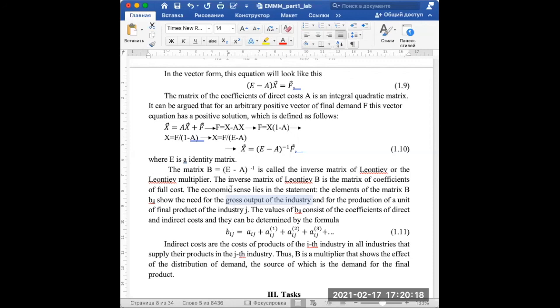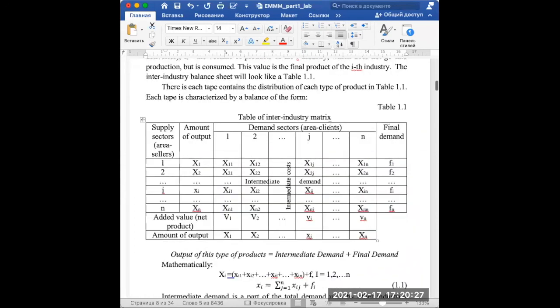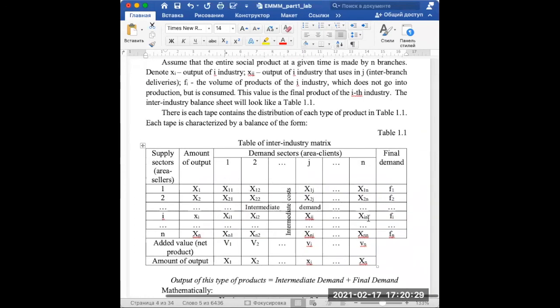Okay, I think that is all the necessary theoretical information, and today we know the most important elements.